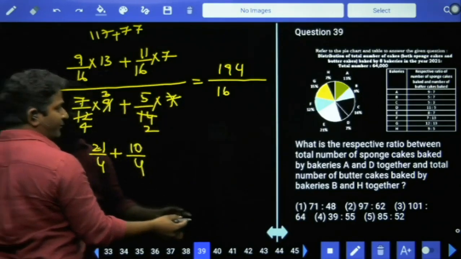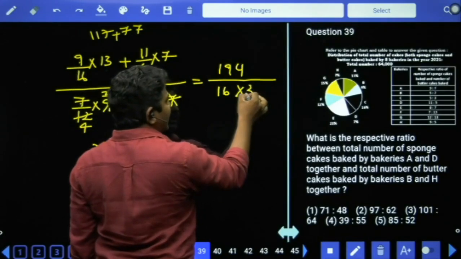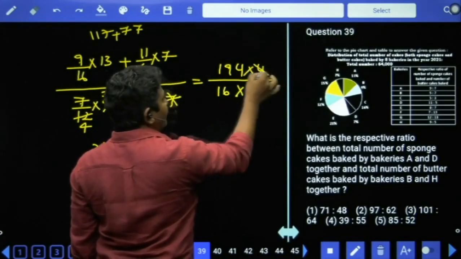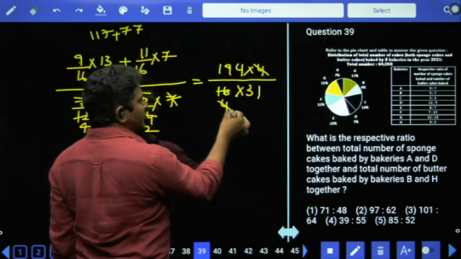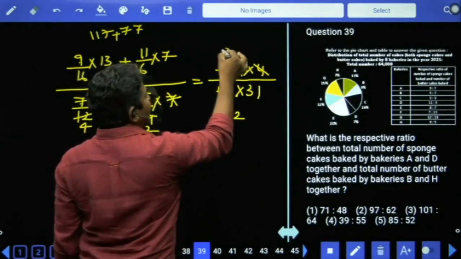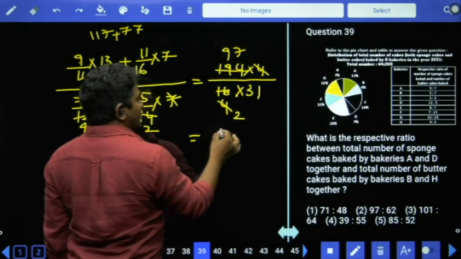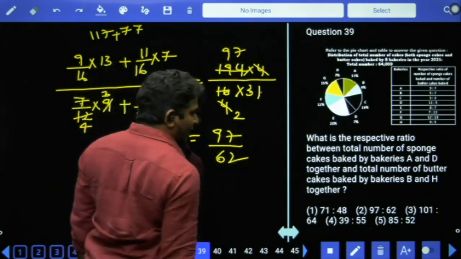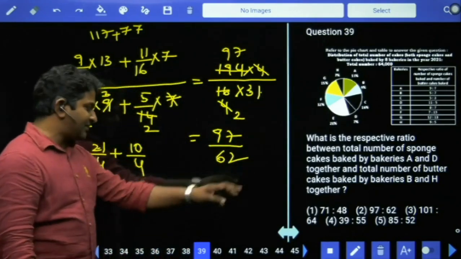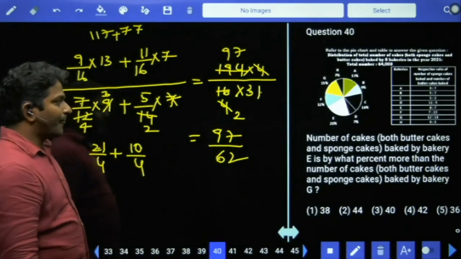That is 31 by 4. Let us write it as 31 divided by 4. 4 times here. Again cancellation with 2 times, 97 times. So 97 divided by 2 into 31, 62. 97 by 62, second option is our answer.